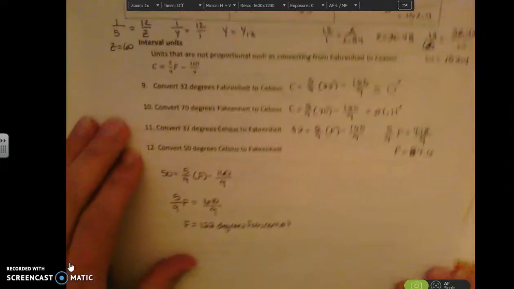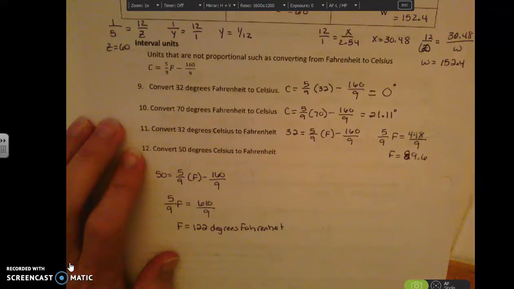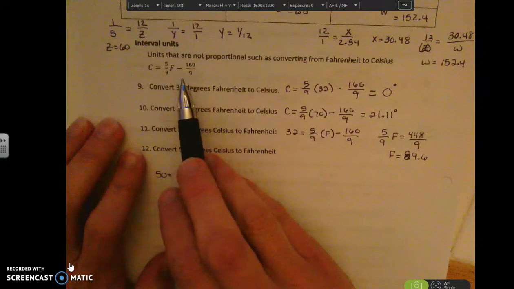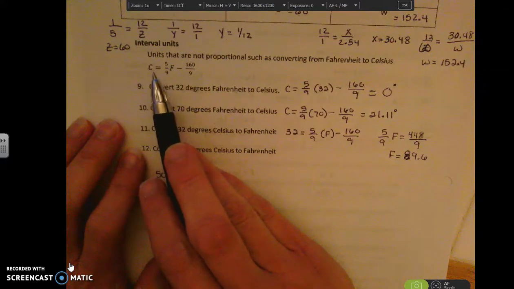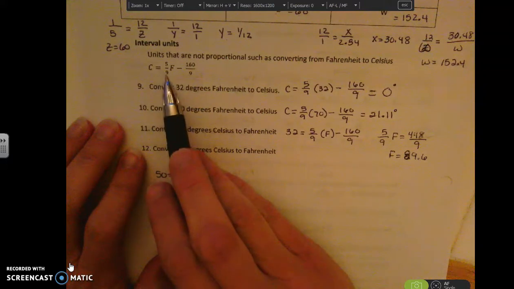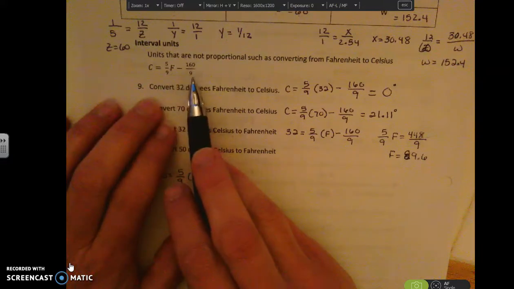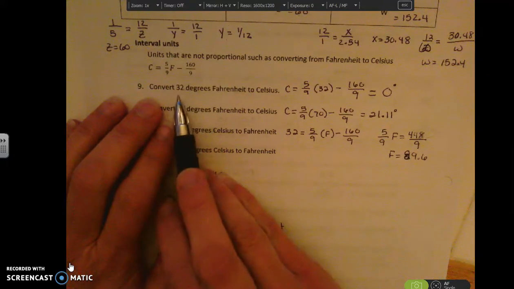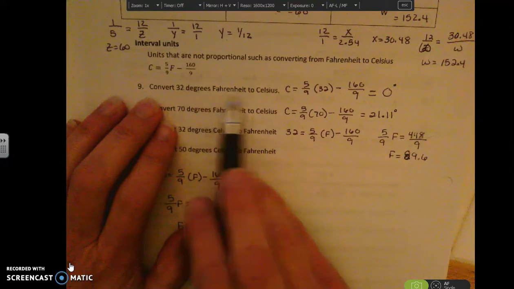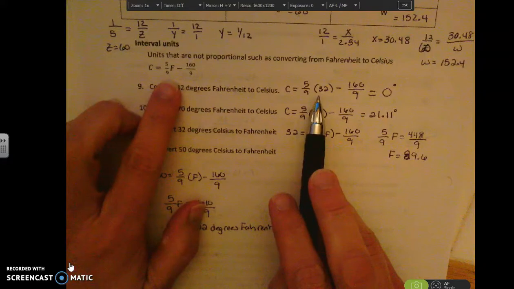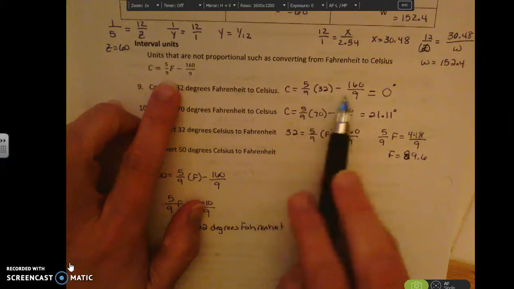All right, so for our last example, we have what we call an interval unit. So this is just converting using a formula. So Celsius in degrees is equal to 5/9 times Fahrenheit minus 160 divided by 9. So if I want to convert 32 degrees Fahrenheit to Celsius, I'm going to substitute the 32 for F. And I'm going to do this calculation.